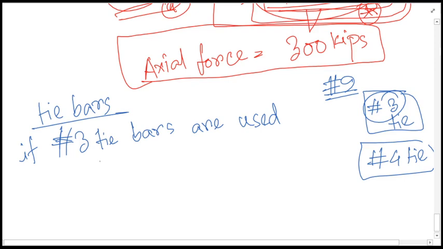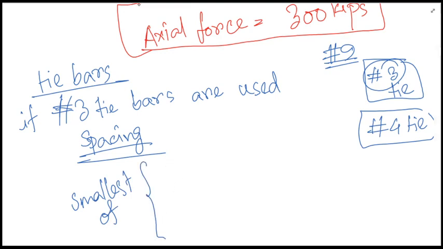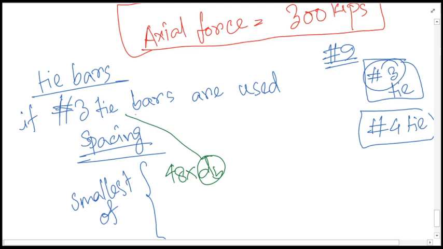So if number 3 tie bars are used, then what will be the spacing? According to the code, as you know, the guideline says that it should be the smallest of 3. Which 3? First one is 48 dB, where dB is the bar diameter of the tie bar. And sorry, this will be 16 times the bar diameter.